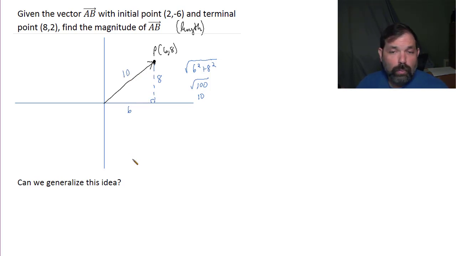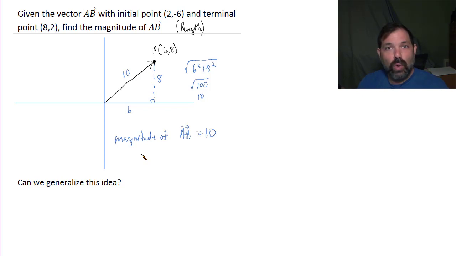So what we could say is the magnitude of the vector AB is 10. Now we have a notation for the magnitude of the vector. In a sense, it's like an absolute value.